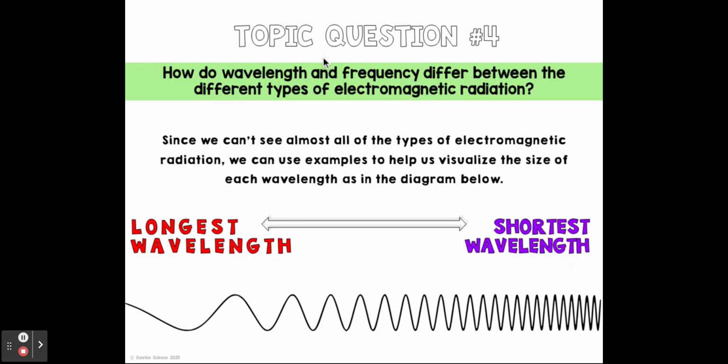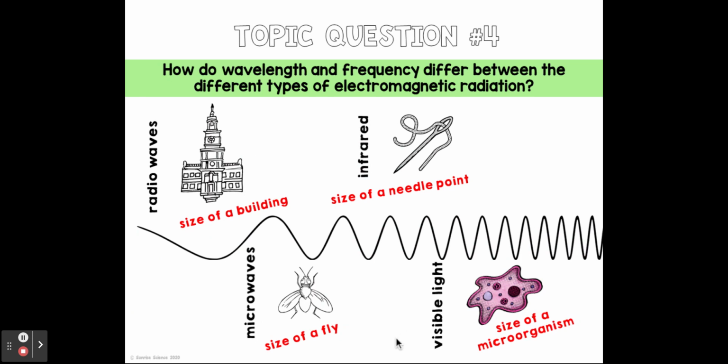In topic 4, how do wavelength and frequency differ between the different types of electromagnetic radiation? Since we can't see almost all of the types of electromagnetic radiation, we can use examples to help us visualize the size of each wave, from the longest to the shortest. I like this, it really gives you a visual of how big these waves are. Radio waves are like the size of a building, which is gigantic.